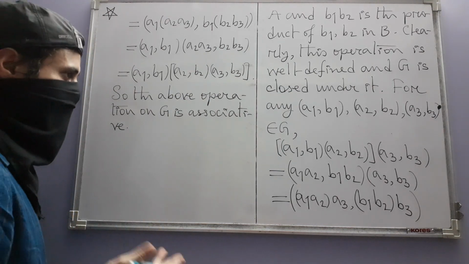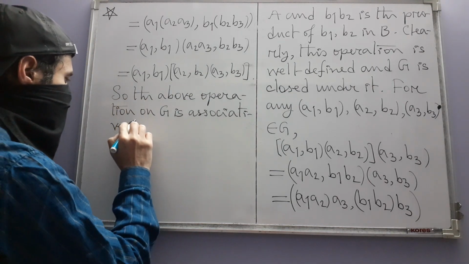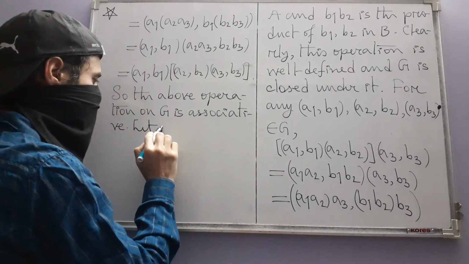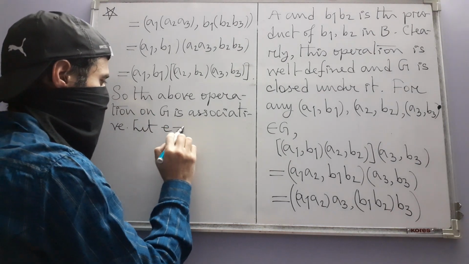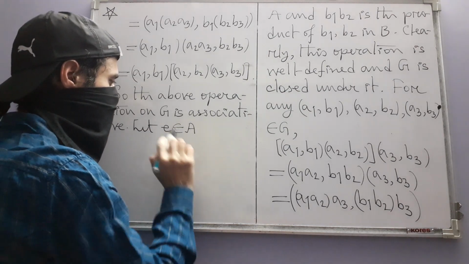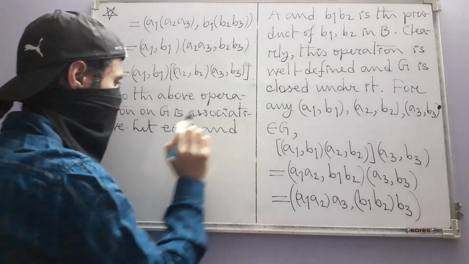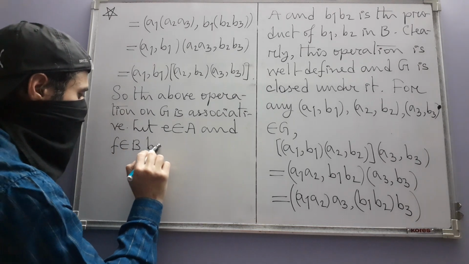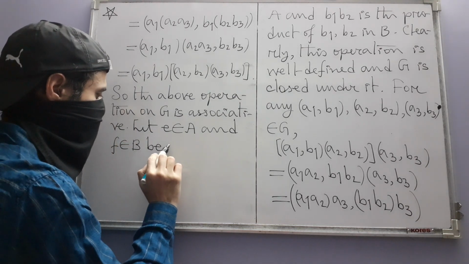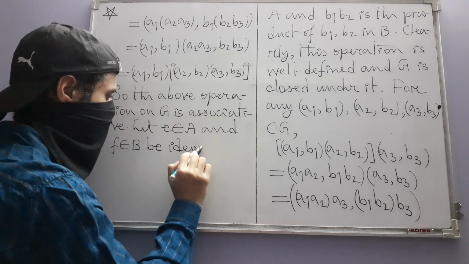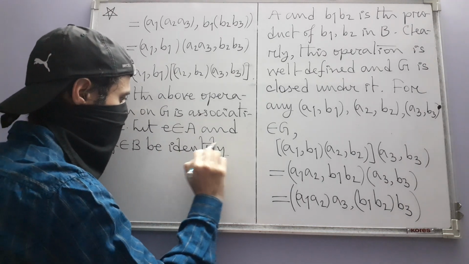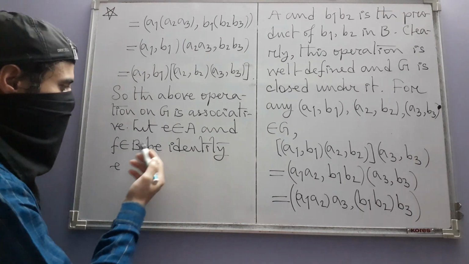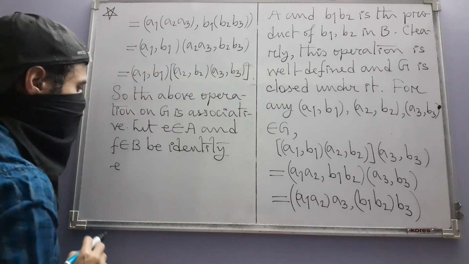Next comes identity element. That is rather easy. Let E in A and F in B be identity elements. I mean, both of these are groups, so each one of them will have its own identity.